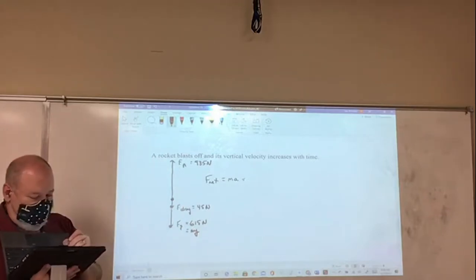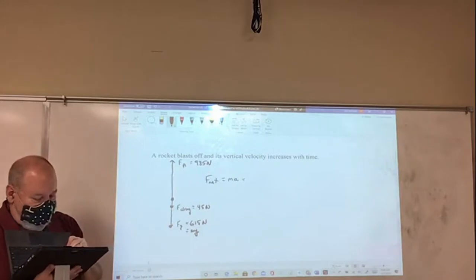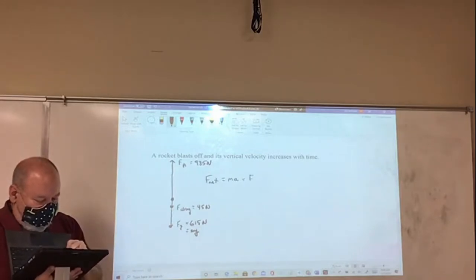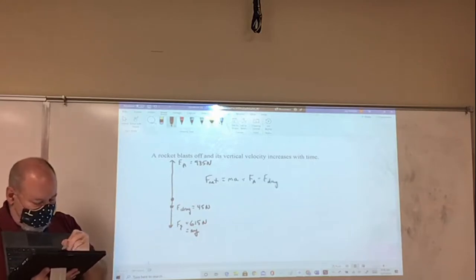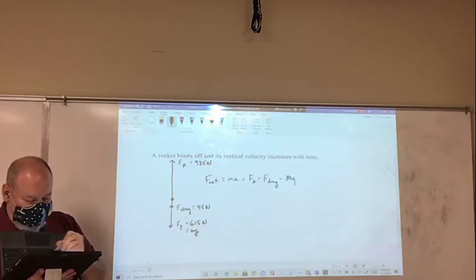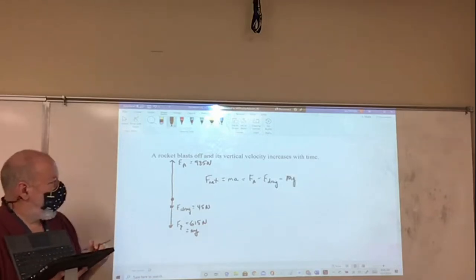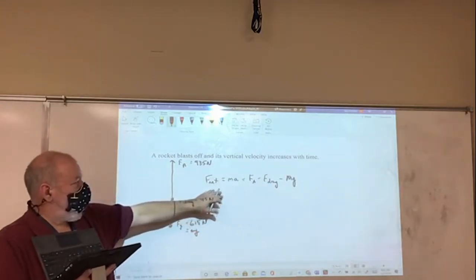And I'm going to subtract the opposing forces from the force in the main direction that's the main force here that's causing the acceleration. So I'm going to say, and I want an equation first. I don't want numbers yet. So FA minus F drag minus, and I'm just going to go ahead and put mg here. And this is your net force equation, right?